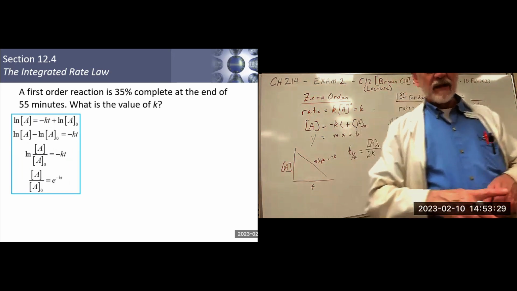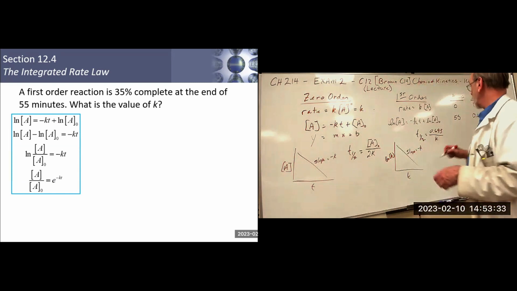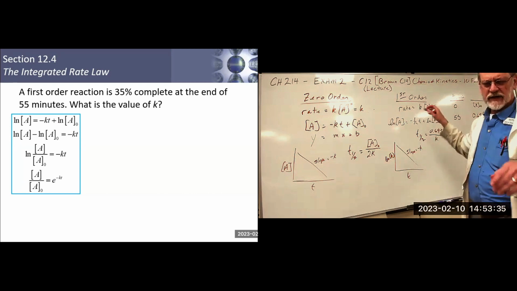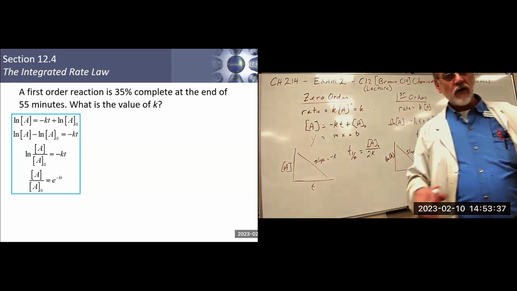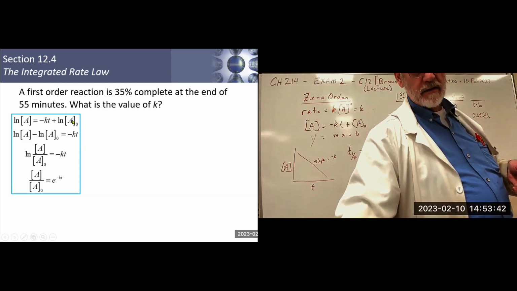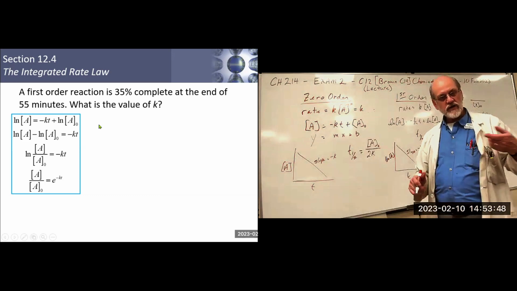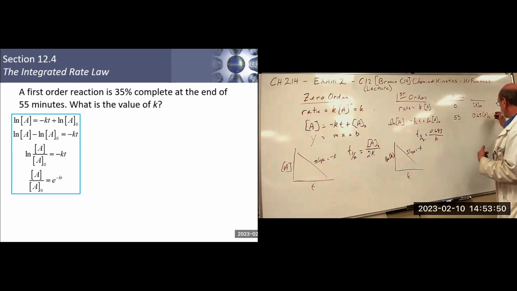Okay. So we're also told, well, I've covered this already, it's a first order equation. So we would start off with this value right here, this integrated rate law. What we want to do is ratio the current value. This is now equal to that.